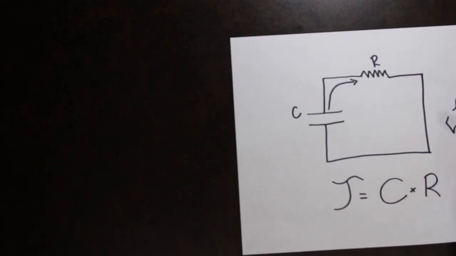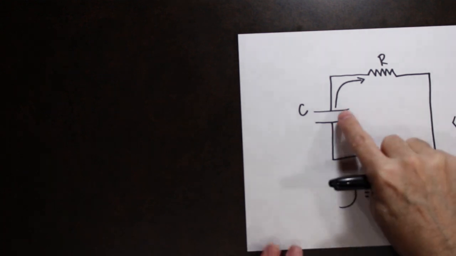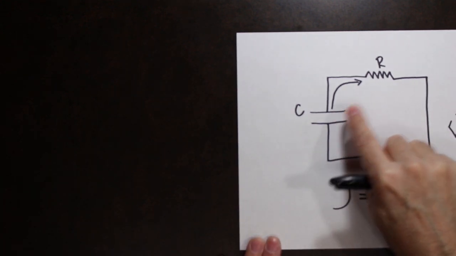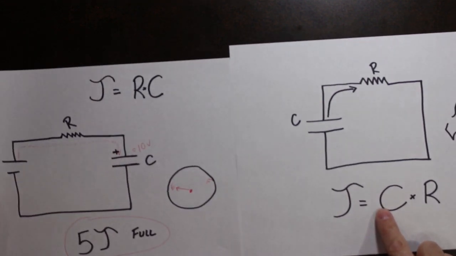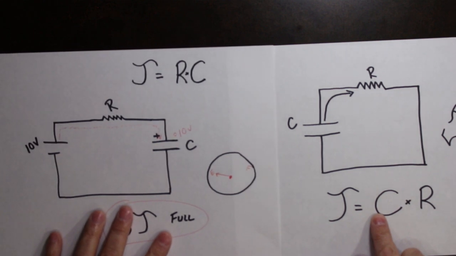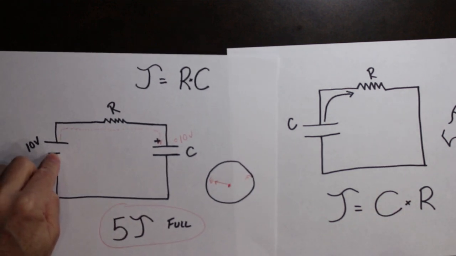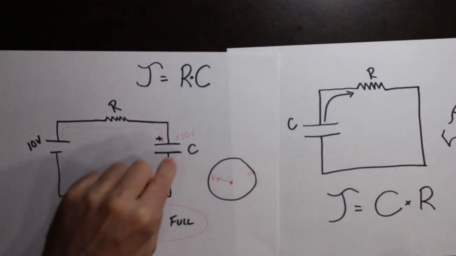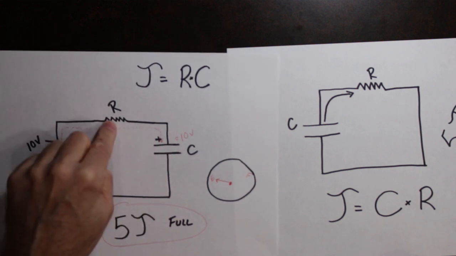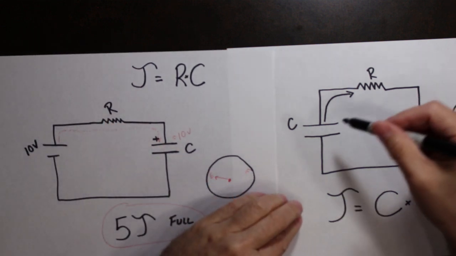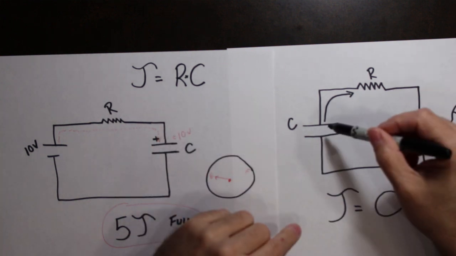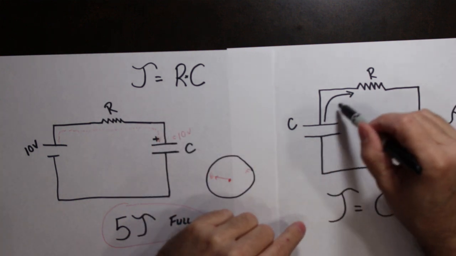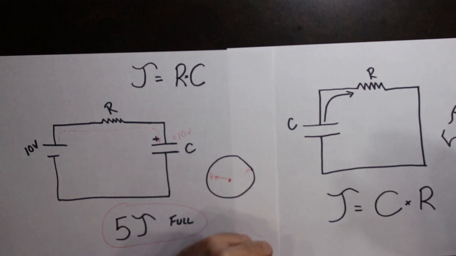So again, here's the discharge. The capacitor becomes the supply and powers current through the resistor. And then here is the charge. So some kind of extra supply is charging up the capacitor through a resistor. Here, the capacitor becomes the supply of electricity and it discharges through the resistor.